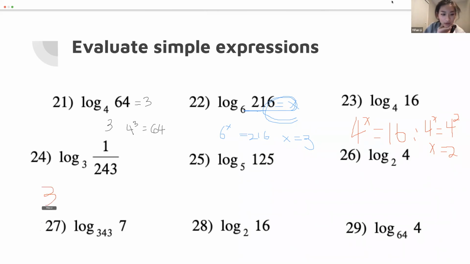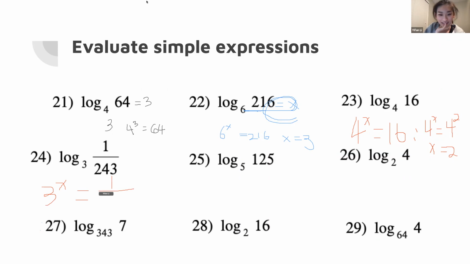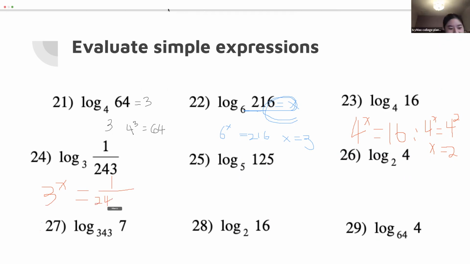Oh, wait, what's the answer for this one? -5. Okay. So x will be -5. Oh yeah. Okay. And for this one, it's the same thing.